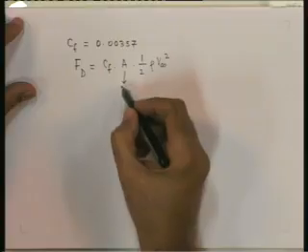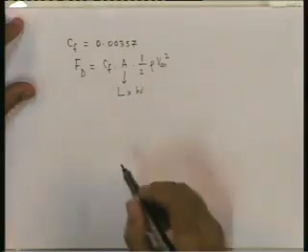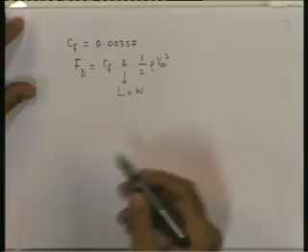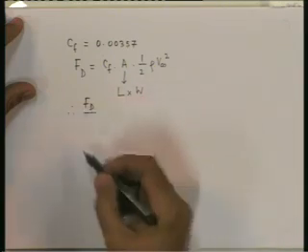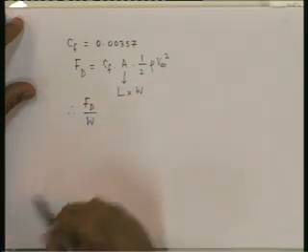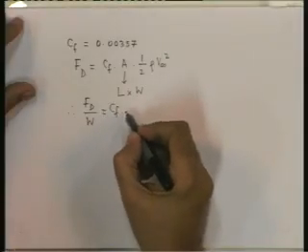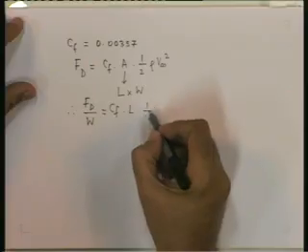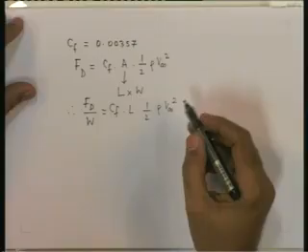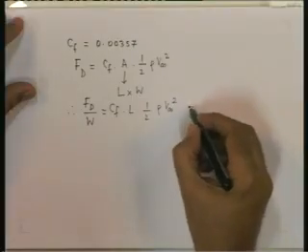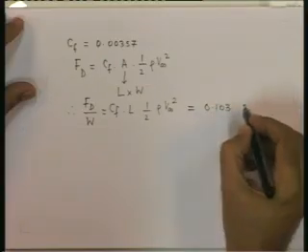Notice that area is the length of the plate multiplied by whatever its width or span W. Consequently, the drag force per unit width is CF into L into half into rho V infinity squared. If you substitute the numbers, this turns out to be 0.103 Newton.